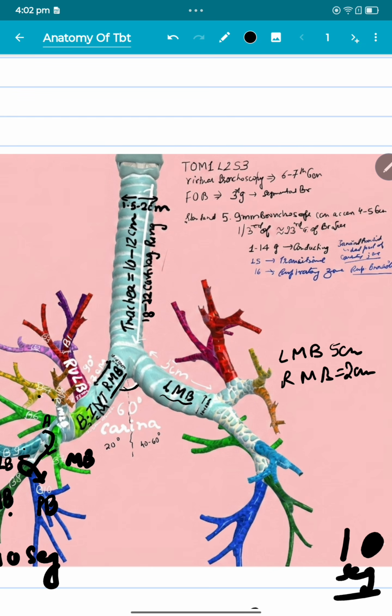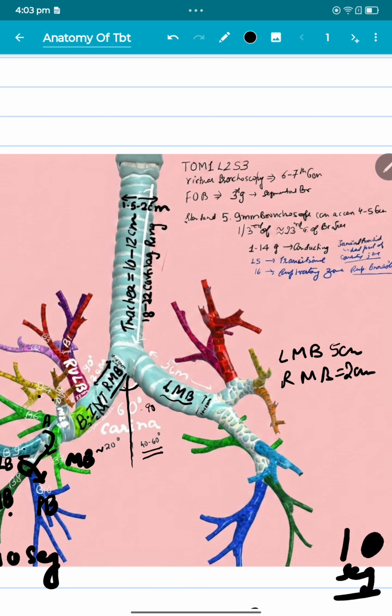It varies from 60 to 90 degrees. From the midline, the right main bronchus is approximately 20 to 30 degrees, and the left main bronchus is 40 to 60 degrees.